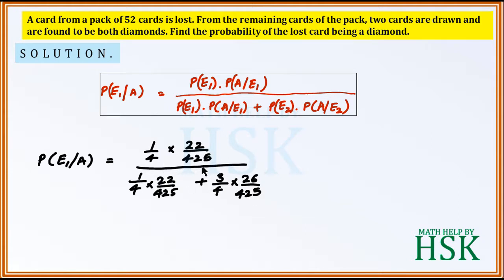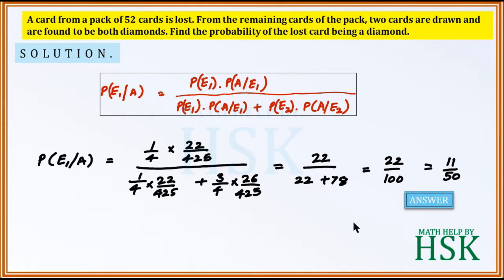You can see that 425 and 4 are common in each term, in the numerator and denominator, so they can be cancelled, giving 22 upon 22 plus 78. Here we obtained 78 because 3 into 26 is equal to 78. So this is equal to 22 upon 100 or 11 upon 50, which is the required answer. So this is how we solve this question.